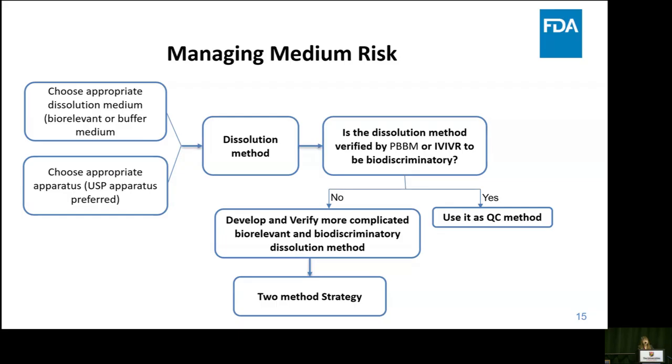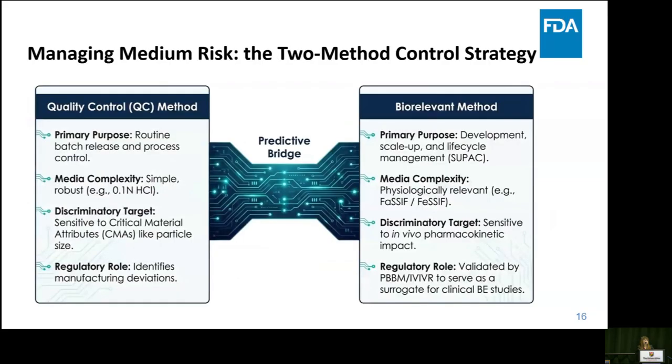In a scenario like this, we recommend a two-method control strategy. So we could have an approved QC method for batch release and routine testing, and a dissolution method approved for other purposes, such as for development, for life cycle management, for post-approval changes.